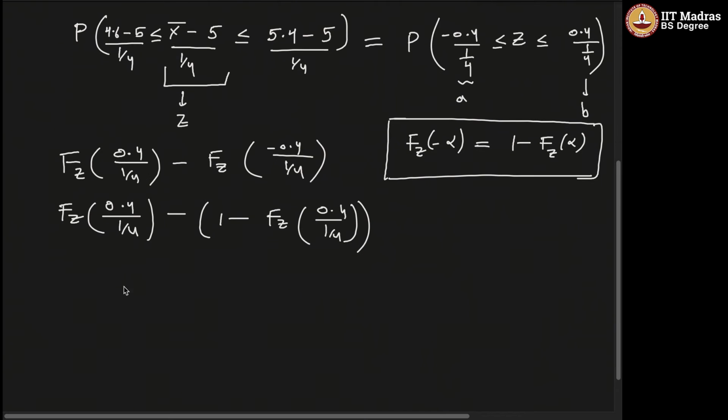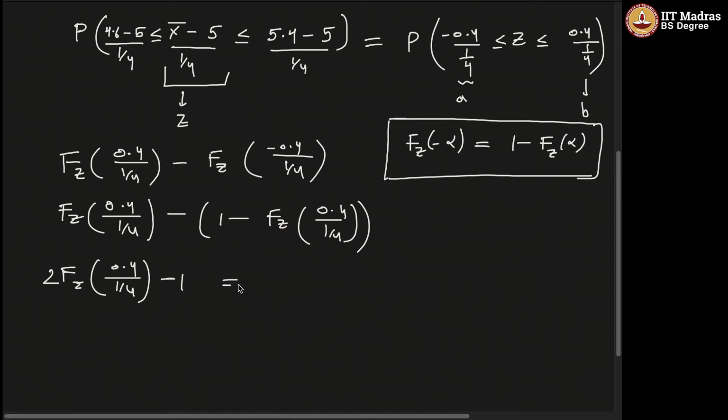And to solve this, we will get fz of 0.4 by 1 by 4 minus 1 plus the same expression again, so I can write 2 times fz of 0.4 divided by 1 by 4 and then minus 1.